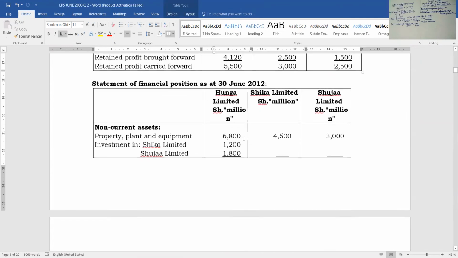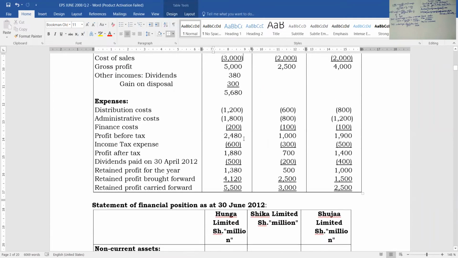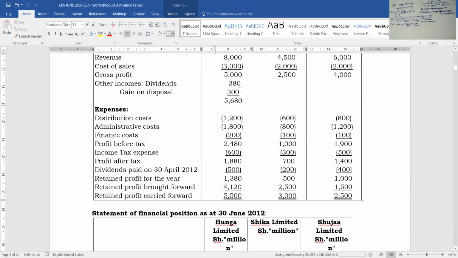If I go to the question, you can see dividends for the parent column is 380. Then gain on disposal is 300, but I cannot record this 300, I need to do a working.